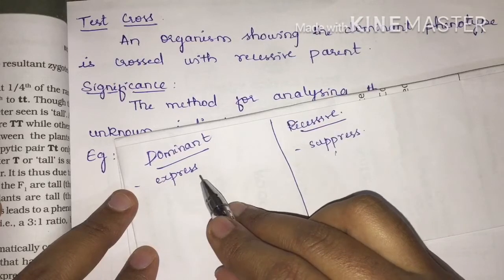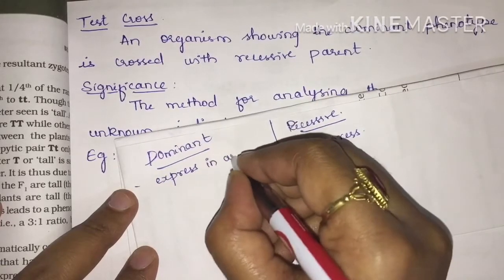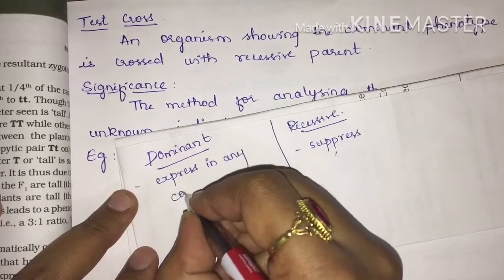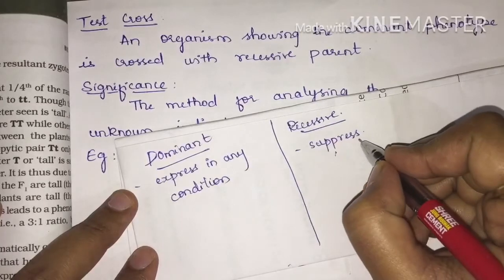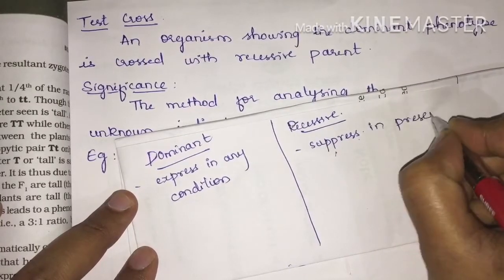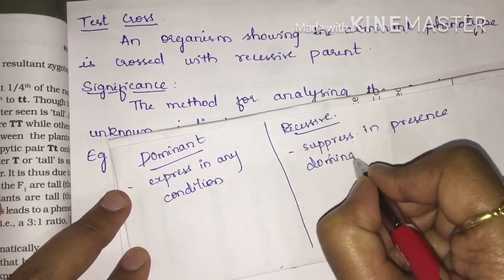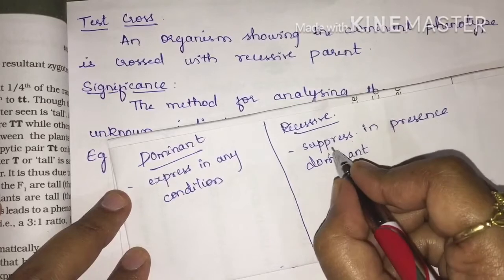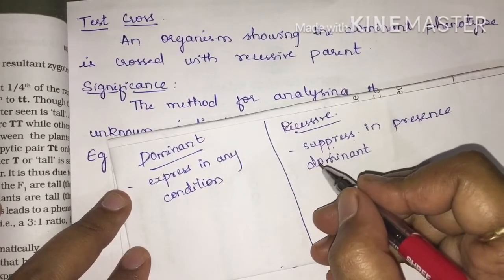Dominant will express in any condition, whereas recessive will get suppressed in the presence of dominant. When dominant is present, then only recessive will get suppressed. If it is not with the dominant, then it will also express.